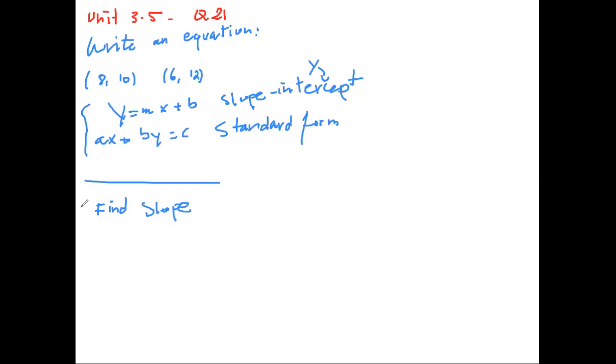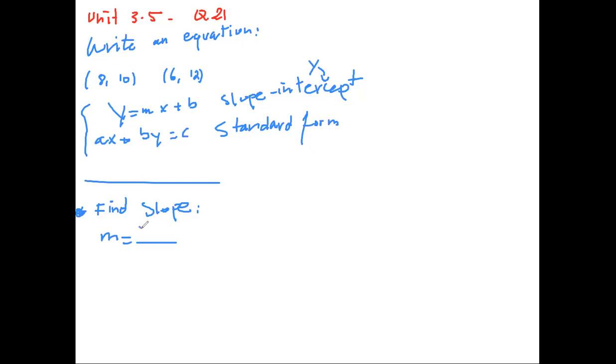The slope formula is m equals something minus something over something minus something. Does that ring a bell? Okay. So do you remember what was at the top?